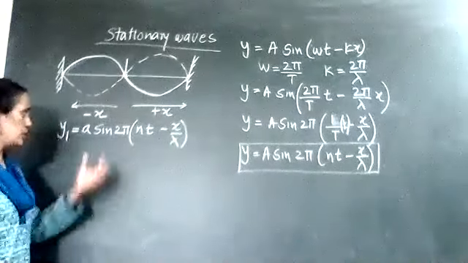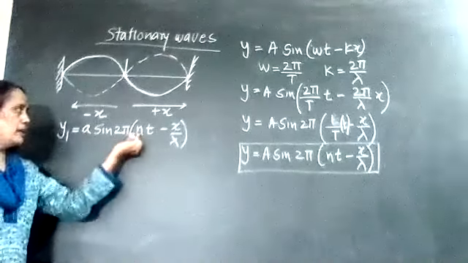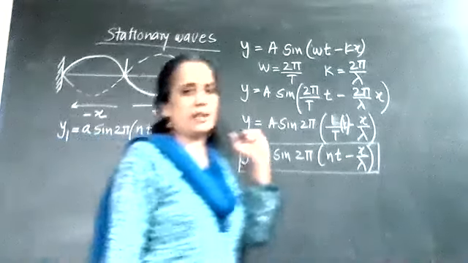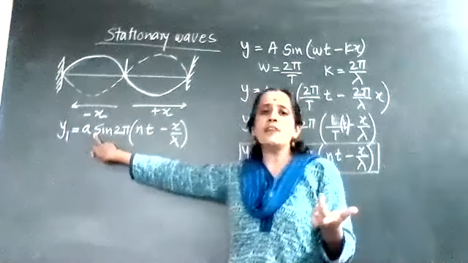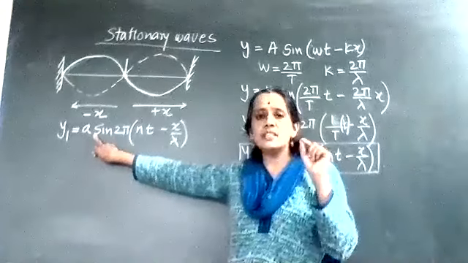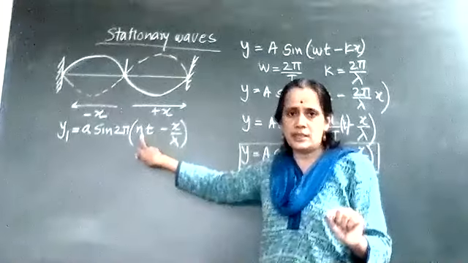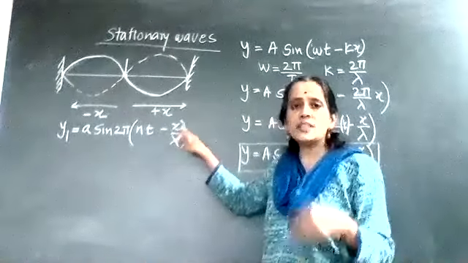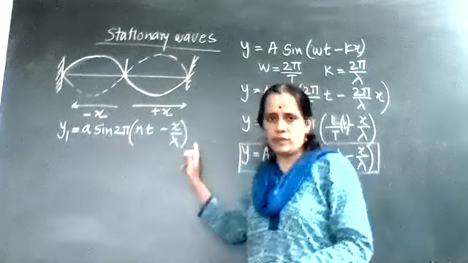In this equation, small a is the amplitude, n is the frequency, and lambda is the wavelength. Clear? And already we have seen that in stationary waves, the two waves must have the same amplitude, the same frequency, and travel along the same line with the same velocity. So this is your first equation.